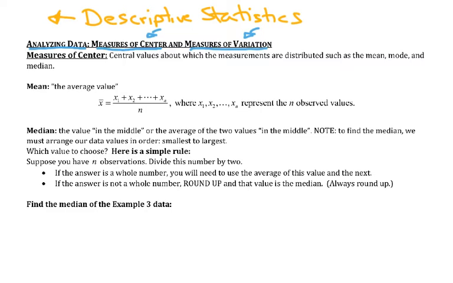So measures of center tell you, if it's numerical data, what's the average value. If it's categorical data, what's the mode, which one occurs most often. Measures of variation tell you how spread out your data is, how much variation there is in your data.